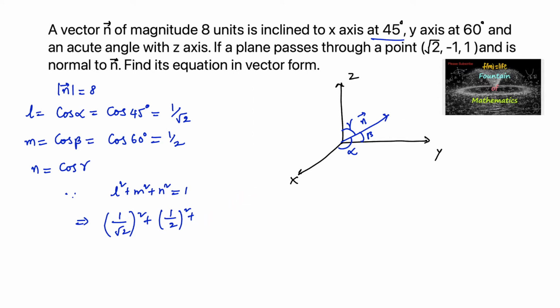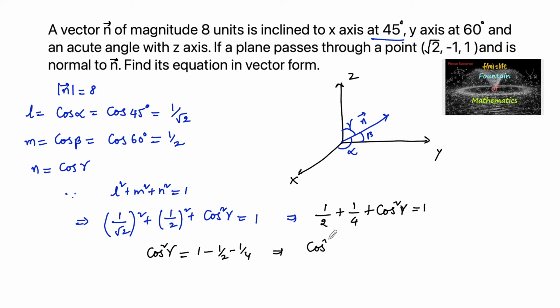N, which is nothing but cos gamma, that is cos square gamma, is equal to 1. So 1 by root 2 whole square is 1 by 2, plus 1 by 4, plus cos square gamma is equal to 1, or cos square gamma is equal to 1 minus 1 by 2 minus 1 by 4.